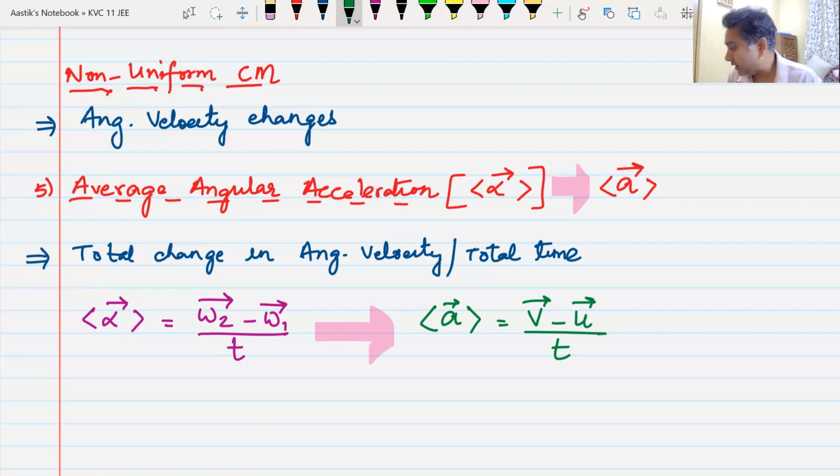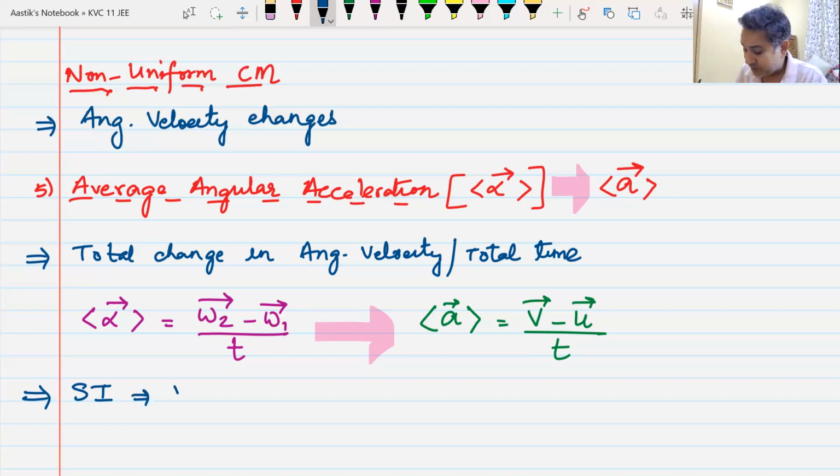So basically they are similar terms in that sense. The job acceleration does in linear motion, the same thing this does in angular motion or circular motion or rotational motion. Now, what is the SI unit of angular acceleration or average angular acceleration? It is omega divided by t.